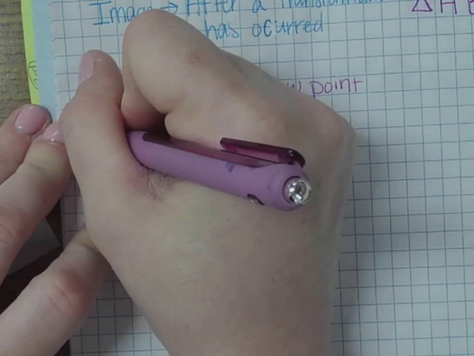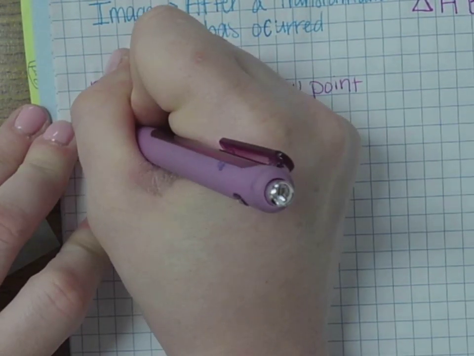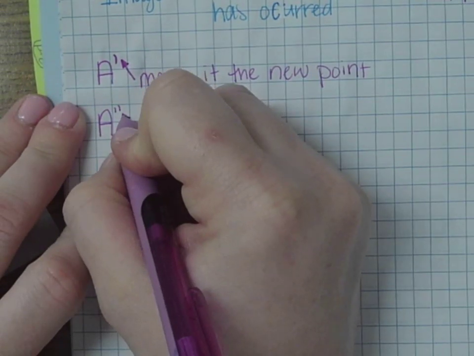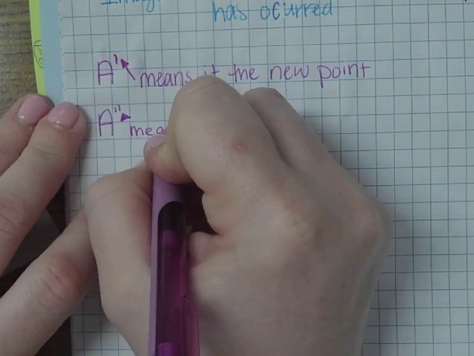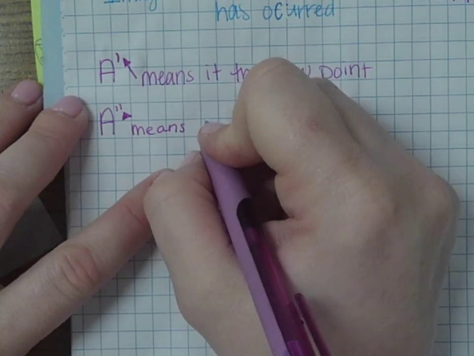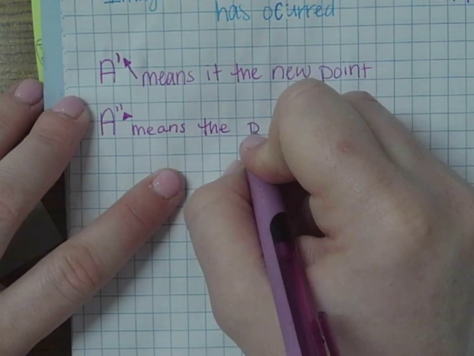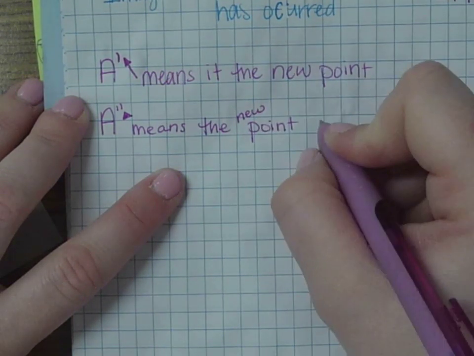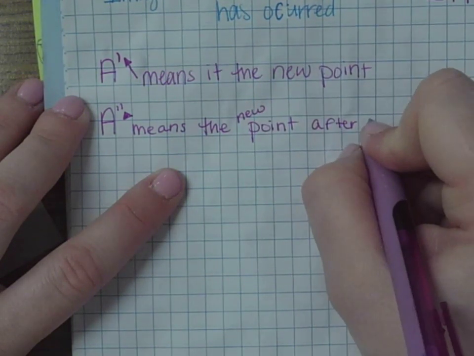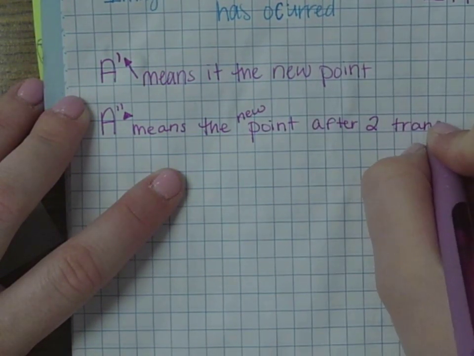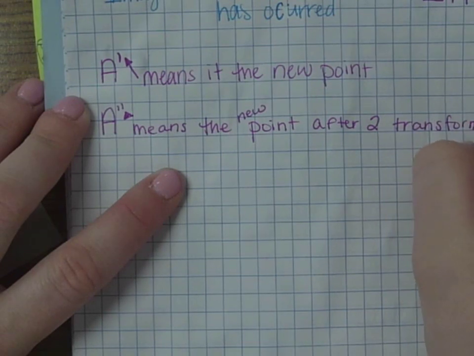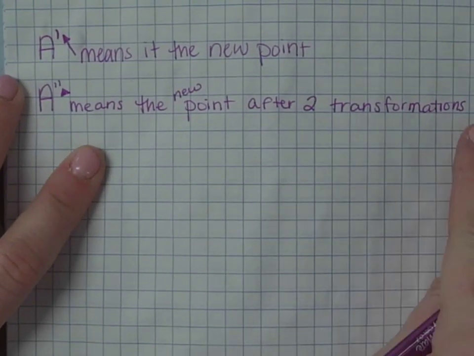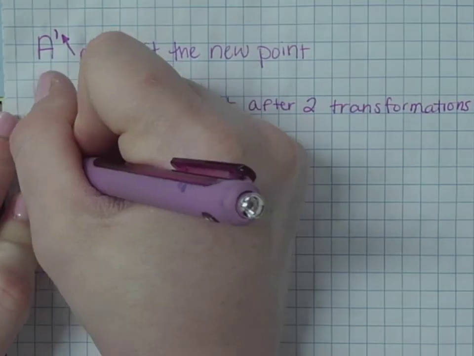You will see sometimes where they put two of them, and that means the new point after two transformations. And this is called prime.